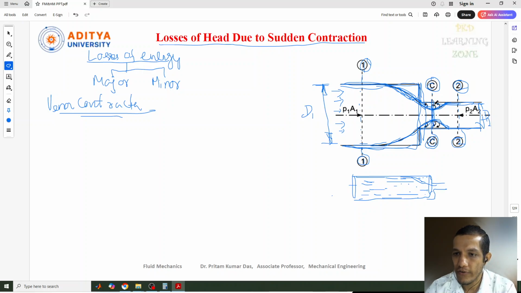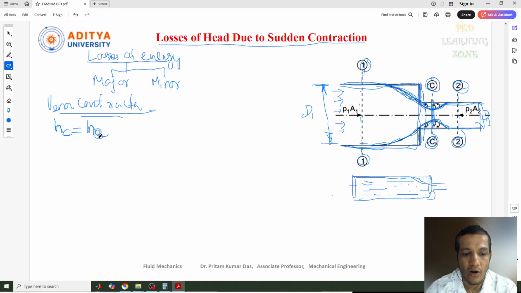The loss of head due to sudden contraction is actually due to the sudden enlargement. So this hc, the head loss due to sudden contraction, is actually due to the sudden enlargement, which we already discussed in our previous lecture.